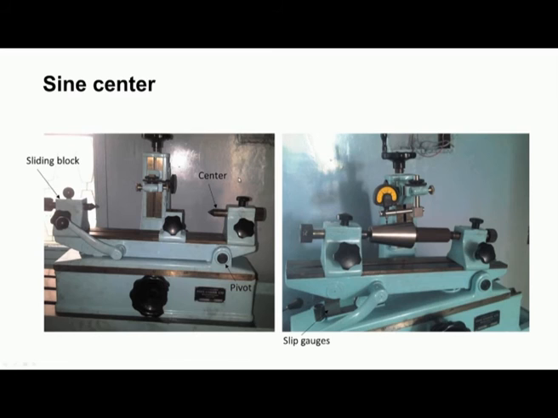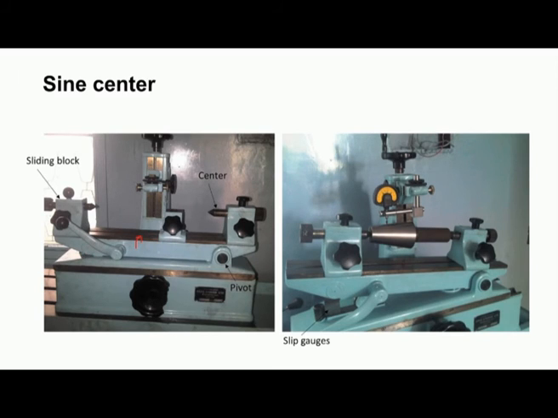Now, we can see an advanced sine center. This is the base, and then this is the sine table. So, it is pivoted here. So, this sine table can be tilted in this fashion. We can tilt the table, and here there is a roller, and this is the surface of the sine table.